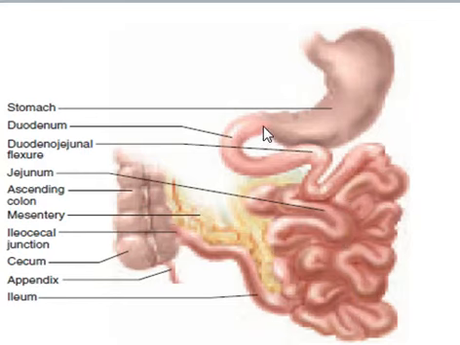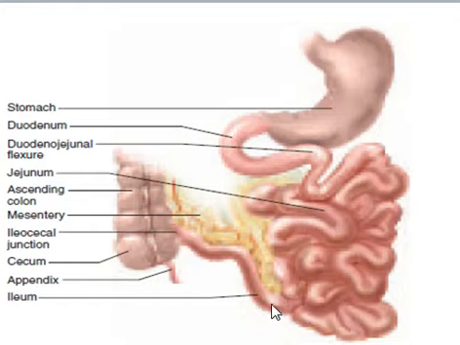The first one, which is attached to the stomach, we call the duodenum, 12 inches, and then it continues with the second part, the jejunum, and the third part, the ileum. There is no landmark separating the regions, but the jejunum is located in the upper left, while the ileum is located in the lower right.